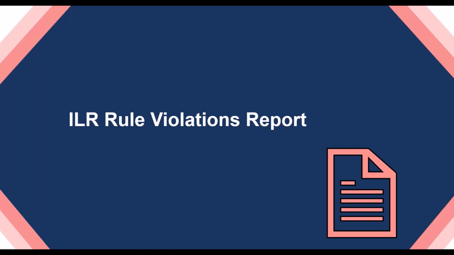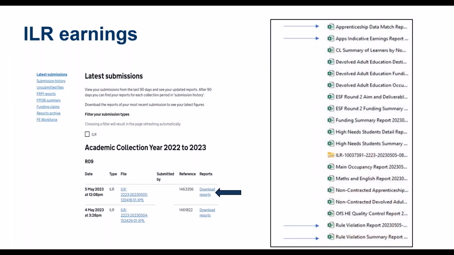Okay, so the first report that I want to talk about is the ILR rule violations report. This webinar is structured to show you where you find these reports on the Submit Learner data site, and then to go into some detail about the function and purpose of each report.